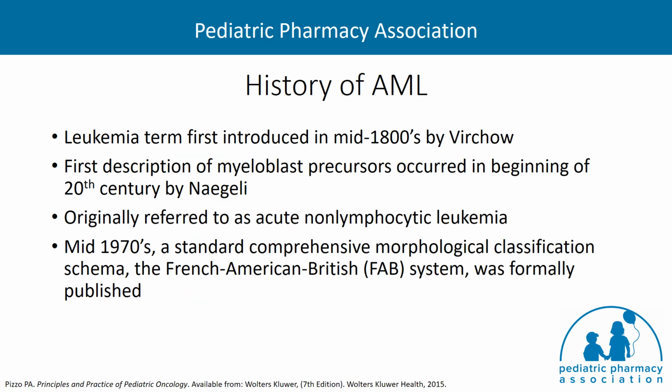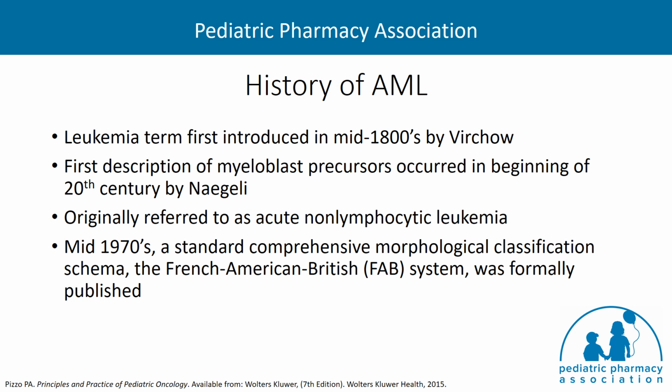Before diving into the pathophysiology as well as the diagnostic criteria for pediatric AML, it's important to take a step back and understand the history of the disease state itself. Leukemia as a term was first introduced in the mid-1800s by Virchow. However, it was not until the beginning of the 20th century that the first description of myeloblast precursors formally occurred.